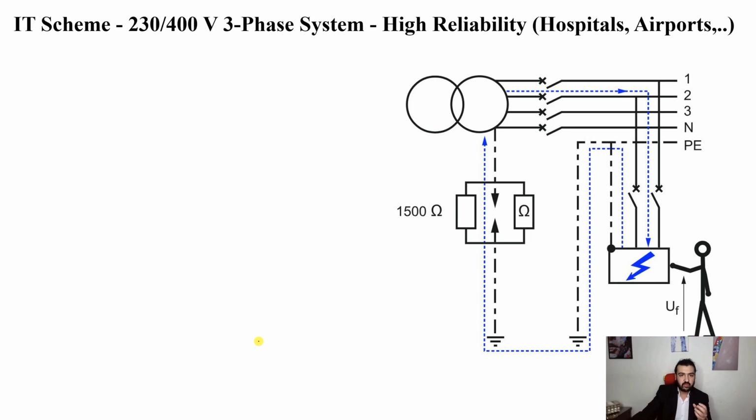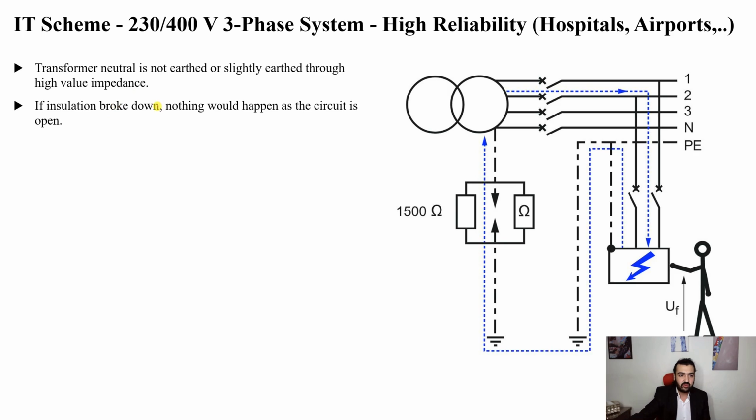And how would this system have high reliability in places like hospitals? Here, as we said before, the transformer neutral is not earthed, or slightly earthed using a high impedance. If insulation breaks down, nothing would happen as the circuit is open. Now let's explain this.